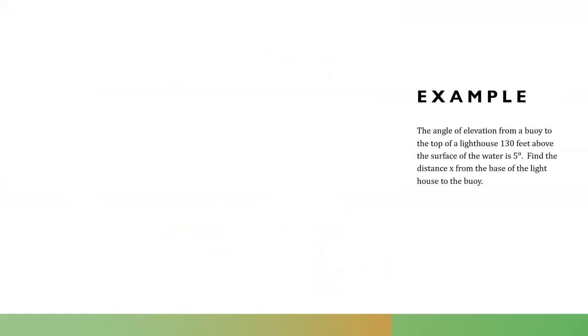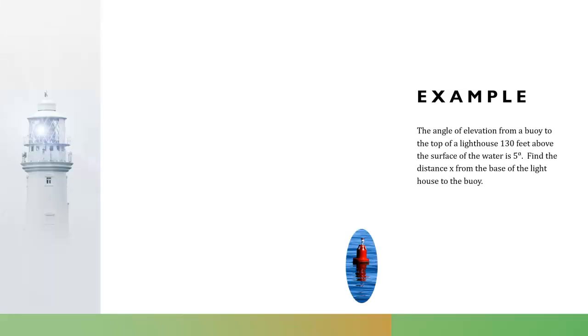All right, so I have an angle of elevation from a buoy to the top of a lighthouse, 130 feet above the surface of the water, is 5 degrees. Find the distance from the base of the lighthouse to the buoy. So here's the buoy. There's the lighthouse, and the lighthouse is 130 feet above the surface of the water.